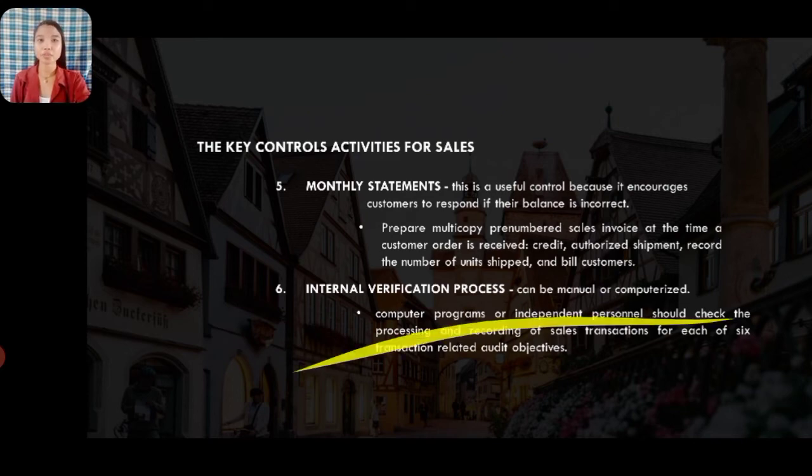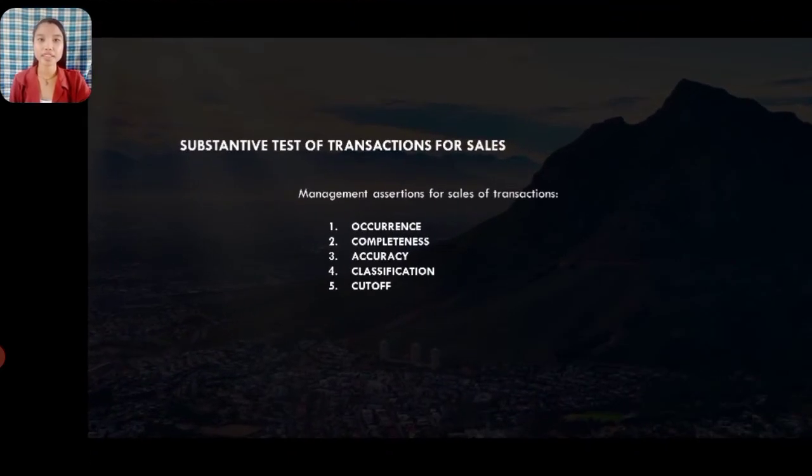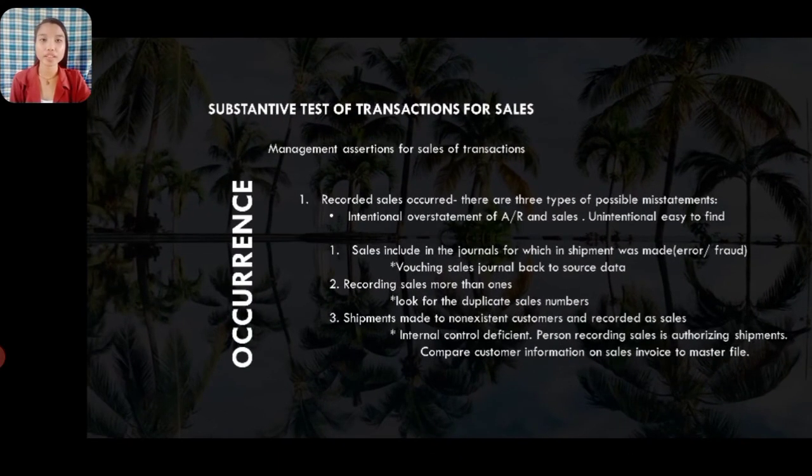Now let's move on to the substantive tests of transactions for sales. Management's assertions for sales transactions include the following: occurrence, completeness, accuracy, classification, and cutoff. Let's start with occurrence. Recorded sales occurred.